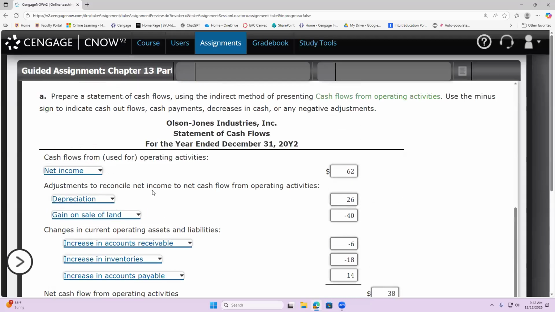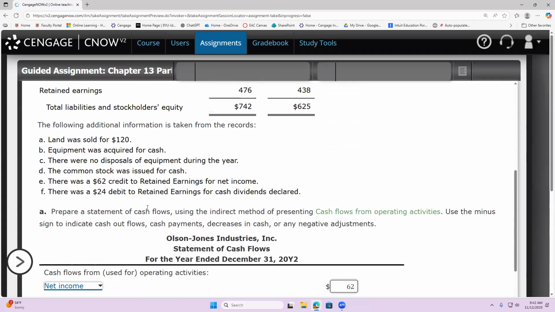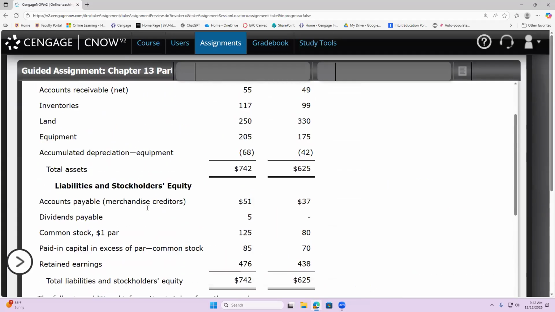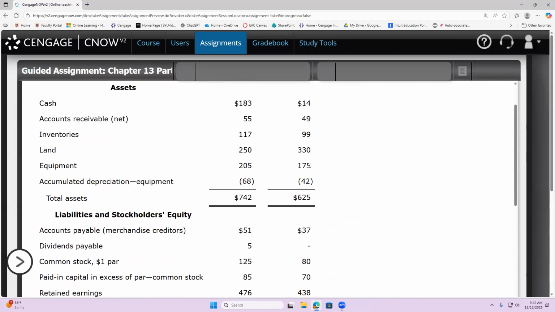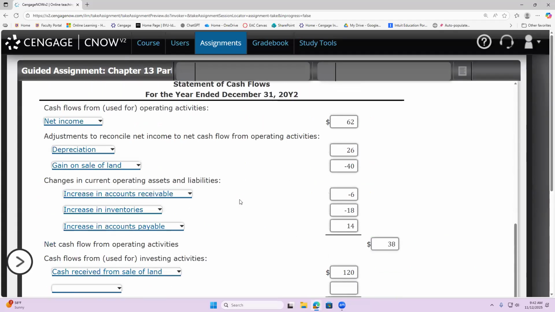And we purchased equipment. How much equipment did we get? Well, if equipment was 175, remember we record these things at their cost, and now it's 205. Equipment went up by 30. So we purchased equipment for cash.